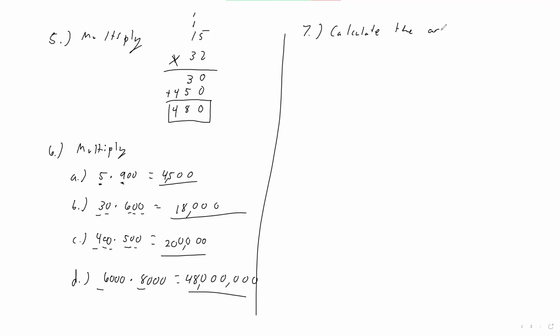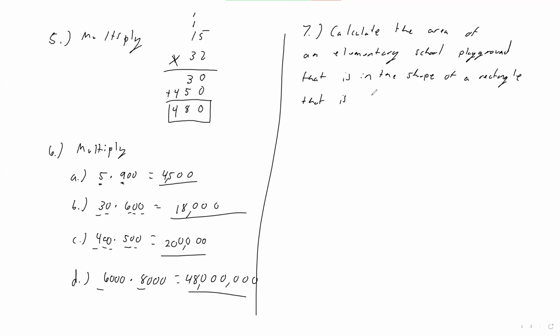So this one's going to state: calculate the area of an elementary school playground that is in the shape of a rectangle that is 52 yards wide and 73 yards long.